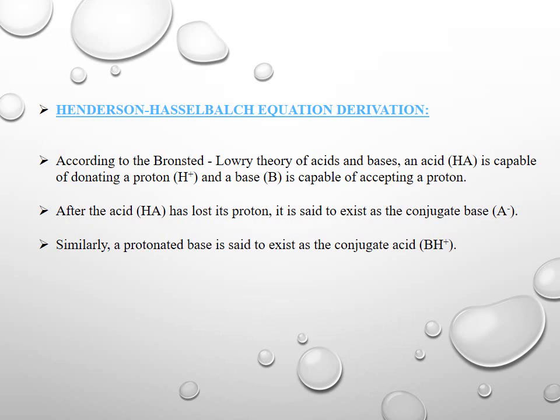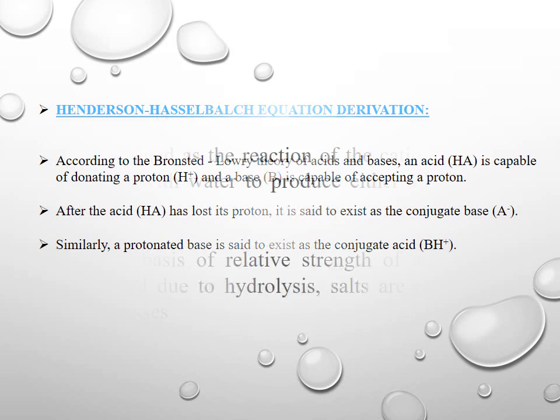Derivation: according to the Bronsted-Lowry theory of acids and bases, the acid HA is capable of donating a proton H plus, and a base is capable of accepting a proton. After the acid HA has lost its proton, it is said to exist as the conjugate base A minus. Similarly, a Bronsted base exists as the conjugate acid BH plus.